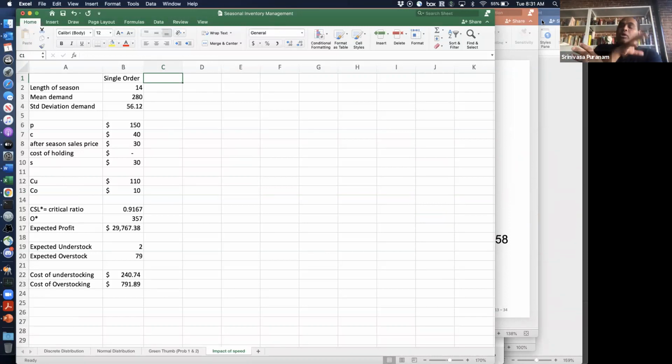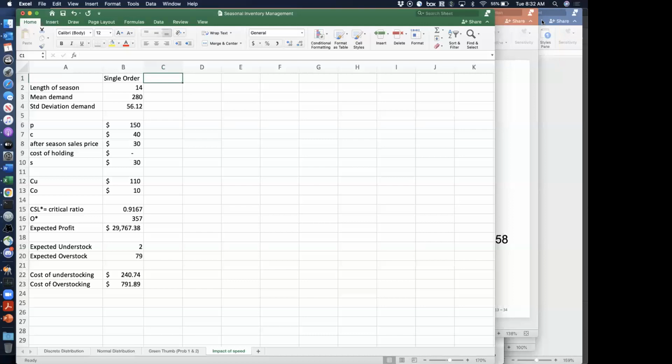So what you observe in the first week is only for the first half of the season. It doesn't affect the second half of the season. Or the second sub case that we're going to see for two order cases: once you observe demand for the first half of the season, you have a much better idea. That is, the average demand stays the same, but the standard deviation of demand now reduces from 15 to 3.